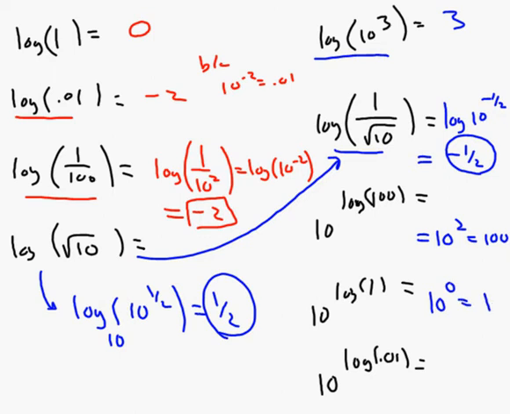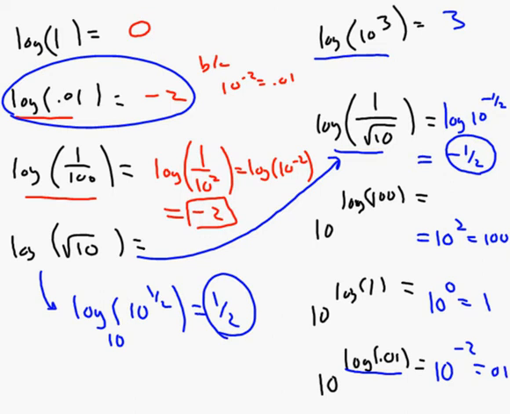And then lastly, this one is asking me log of 0.01, or what power do I put on 10 to get 0.01? Now I know from the second example that answer would be -2. So it's 10 to the -2 power. But 10 to the -2 power is 1/10 squared, or 1/100, which is 0.01.